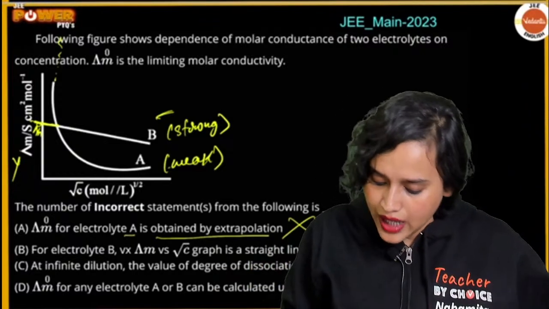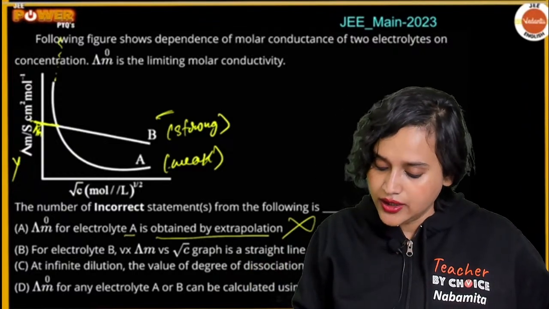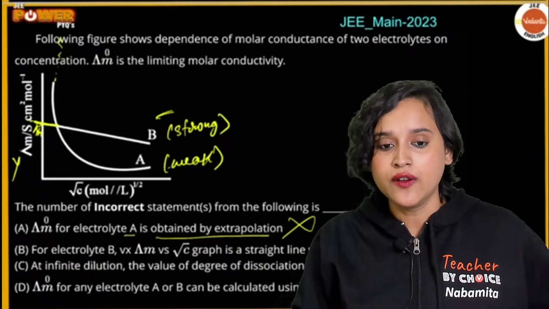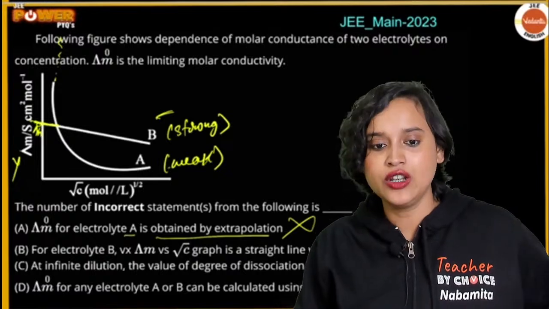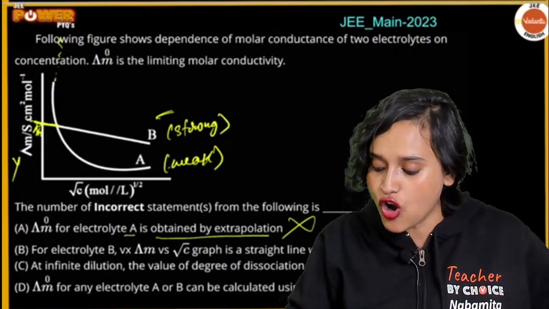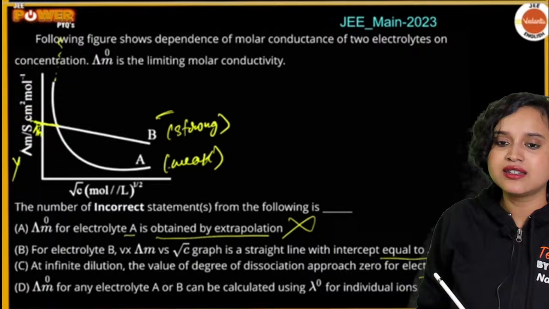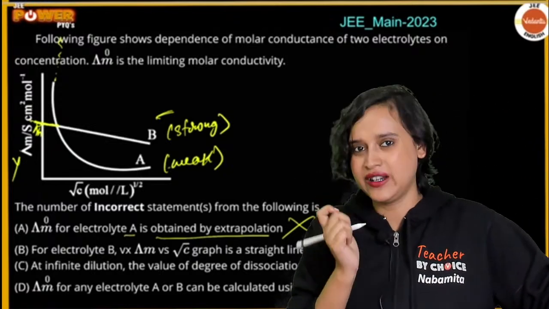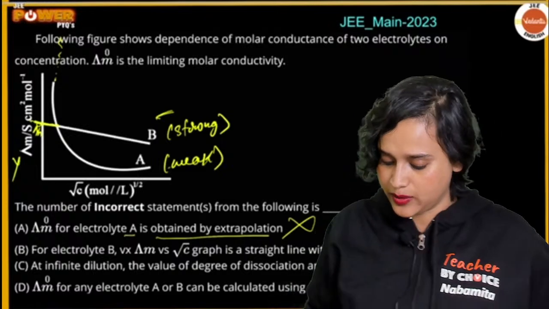Now, at infinite dilution, the value of degree of dissociation approaches 0 for electrolyte B. Electrolyte B is a strong electrolyte, so degree of dissociation approaching 0 will not be right. This is going to be false, everybody.